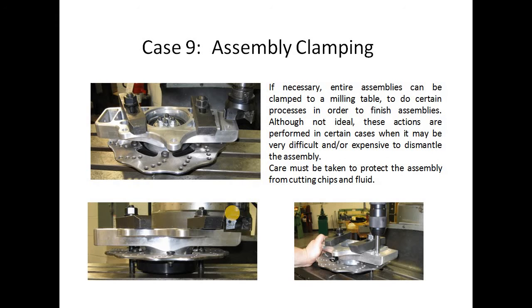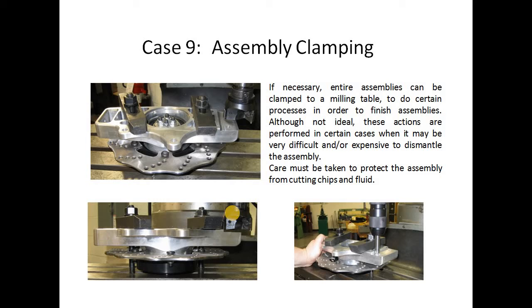Next is assembly clamping. An assembly is made by bringing together different parts. So clamping the entire assembly for any process after assembly is quite difficult for work holding. If necessary, the entire assembly can be clamped to a milling table to do certain processes in order to finish the assembly, although not ideal.